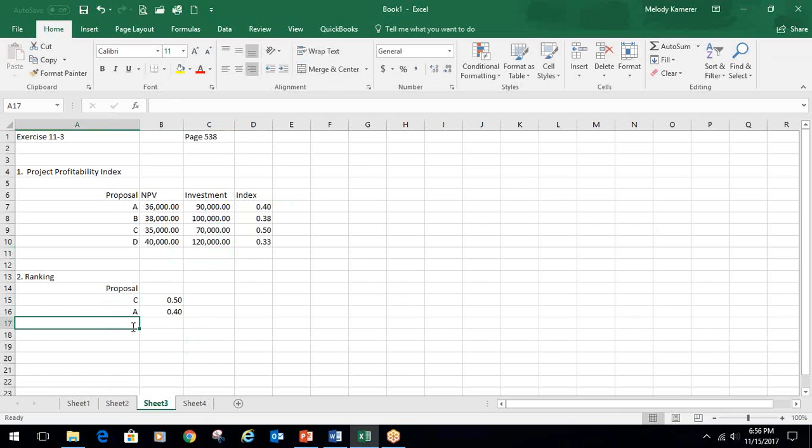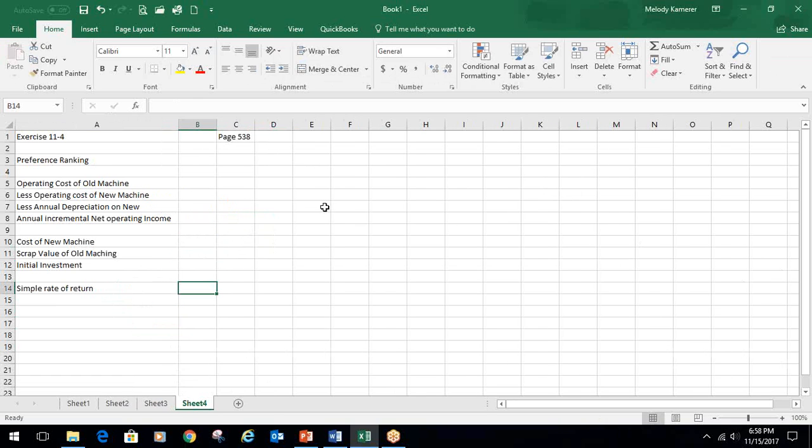And after that we have B, which is 0.38. And last of all, the least profitable is D, which is 0.33. So now, when it's just a matter of ranking and taking the one that is most profitable, we can see by doing this index that our most profitable proposal was C, and we'll lean in that direction.